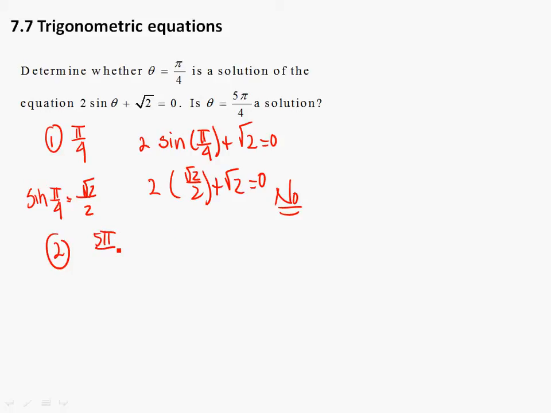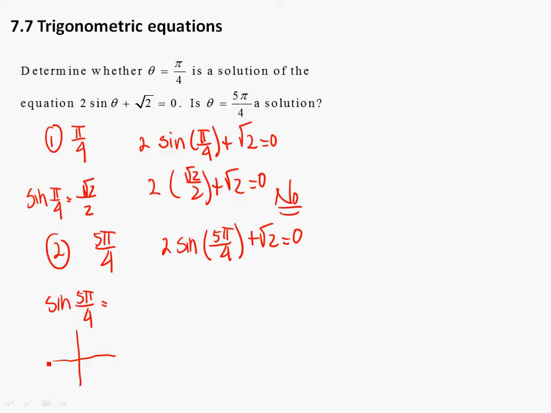With 5 pi over 4, plug that in. What's the sine of 5 pi over 4? Keep in mind that 5 pi over 4, if you were to draw it, would be here, right? Negative 1 over square root of 2.